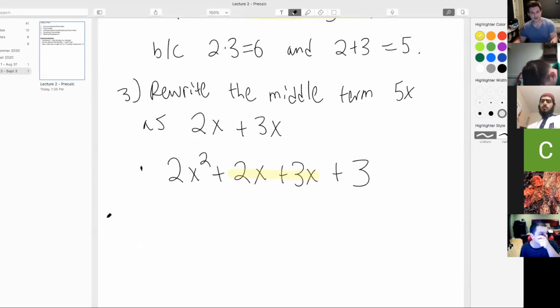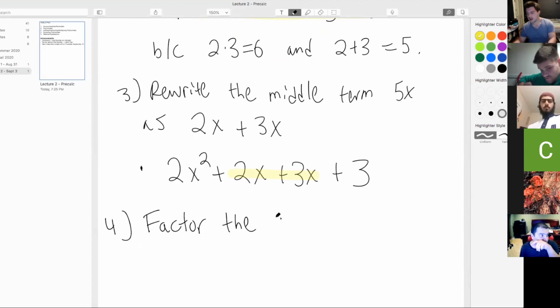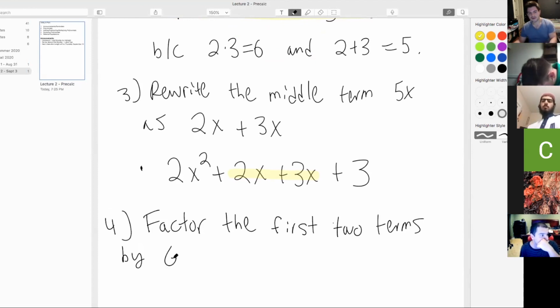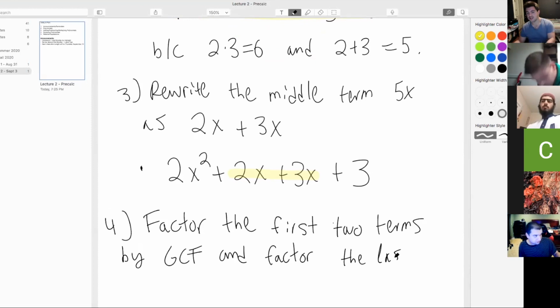Step 4, almost done. Factor the first two terms by GCF and factor the last two terms by GCF.